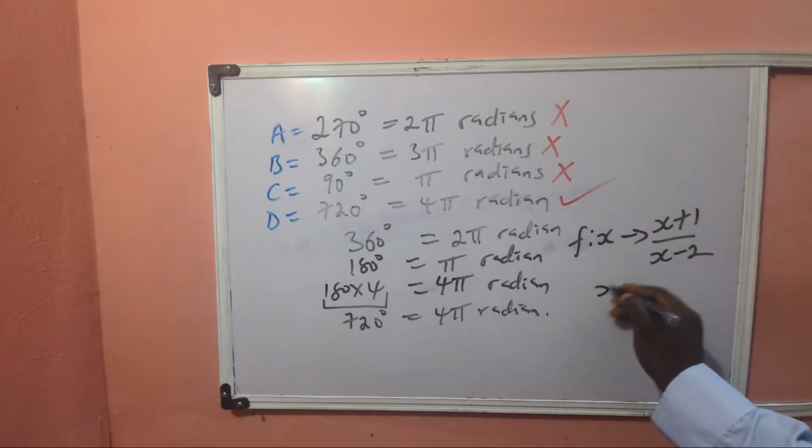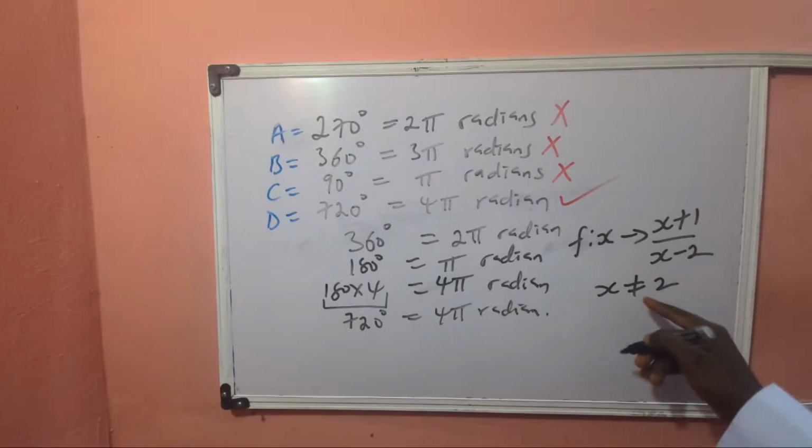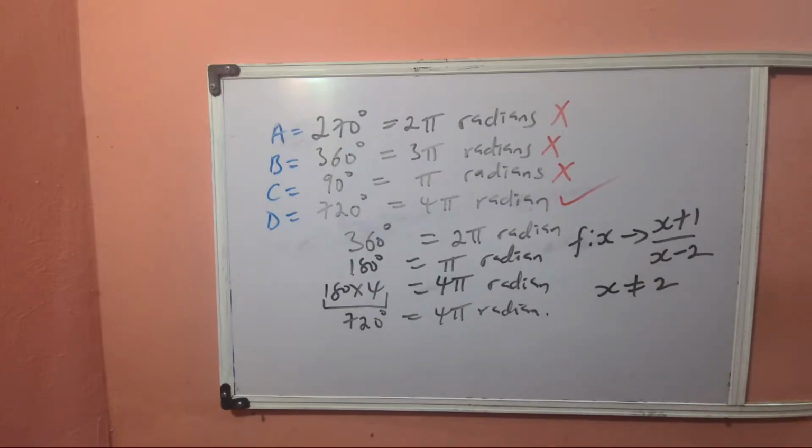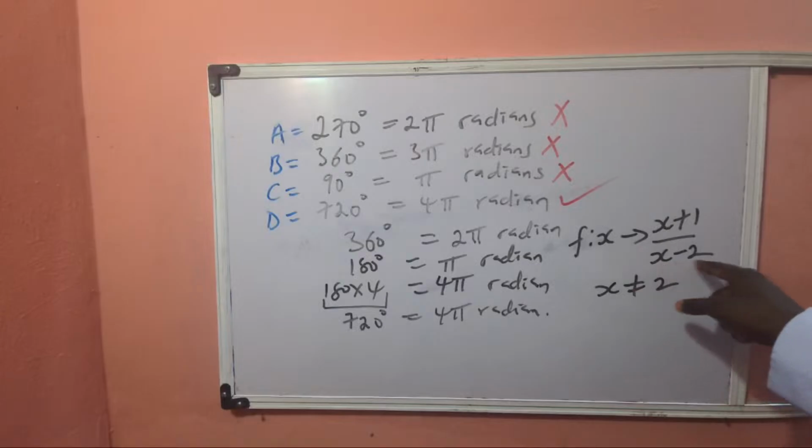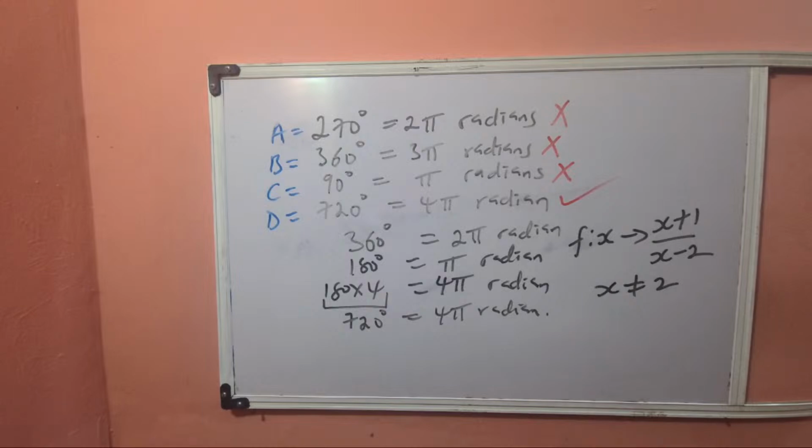So x will never be equal to 2. I think the reason why that must be is because if x was equal to 2, we'd be having 2 minus 2, that will be 0, and anything over 0 will be undefined. So necessarily this is stated so that we can clearly say that our function will never have a place where it is undefined.